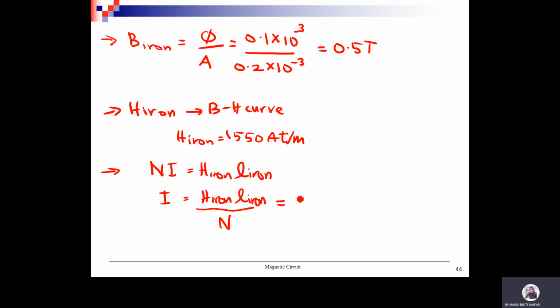So H is 1550 times L, which is already given as 0.25, and then divide by the number of turns given in the question.